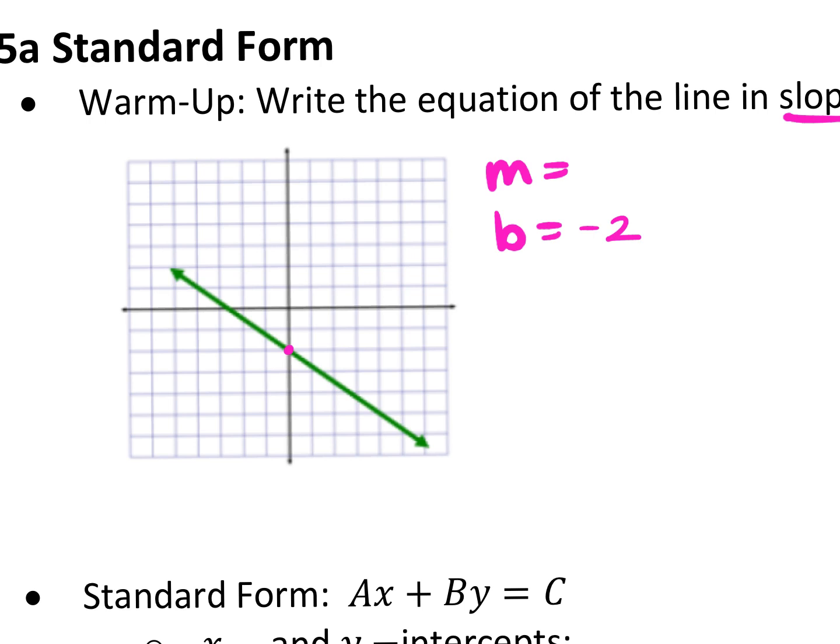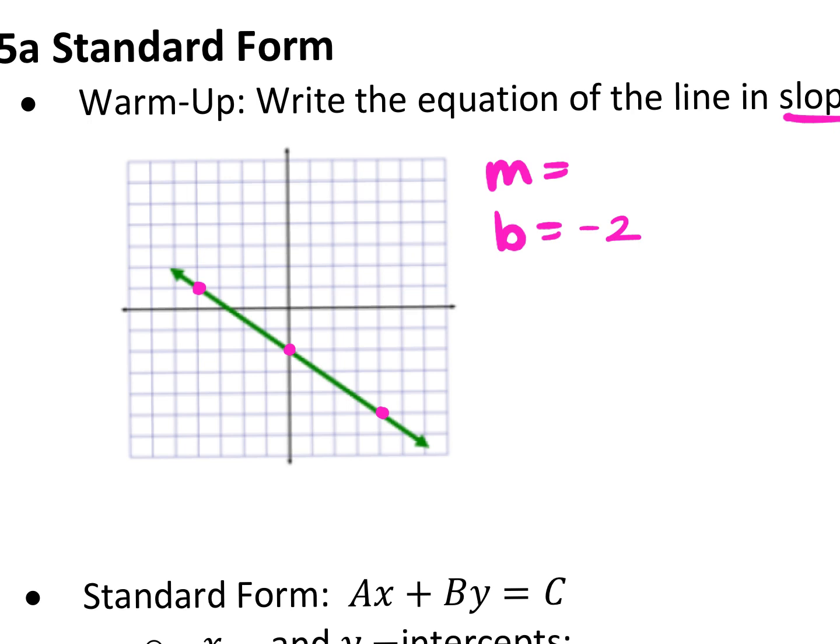How do you find m? Rise over run. You pick 2 points and you see where they fall, and you count your rise over your run. 1, 2, 3, 1, 2, 3, 4. Yeah, these points fall perfectly.